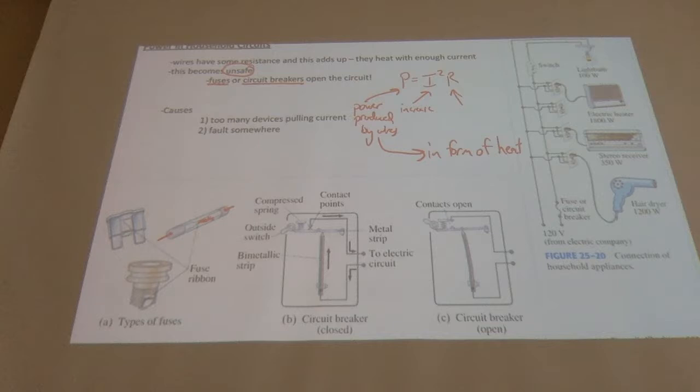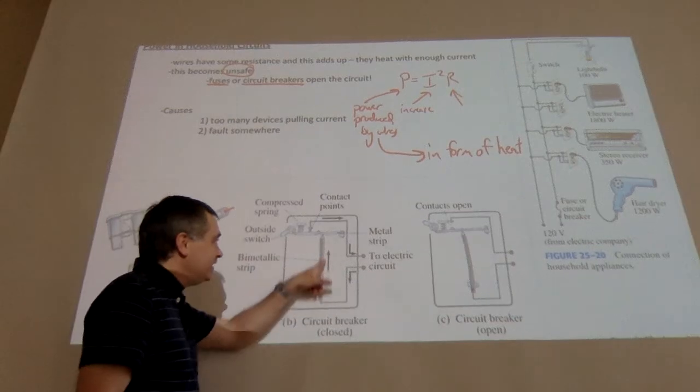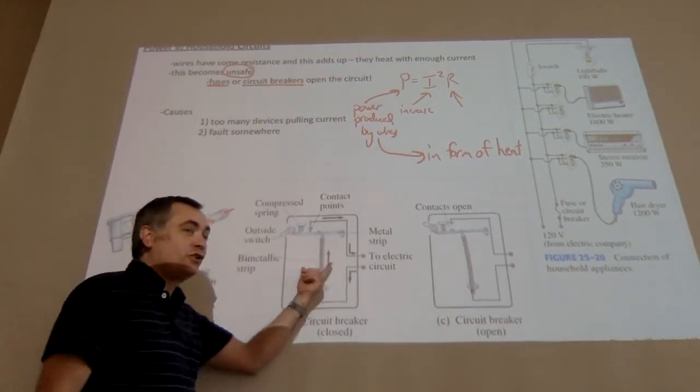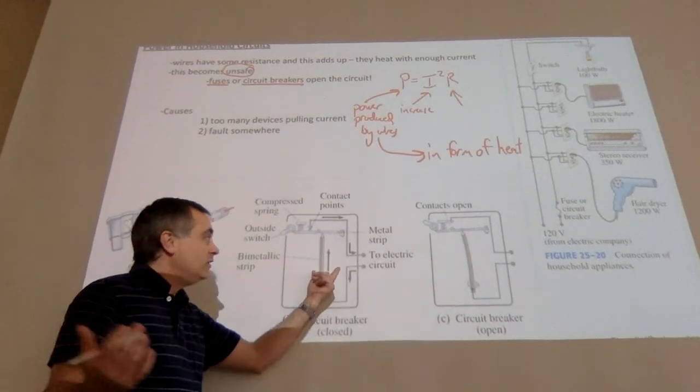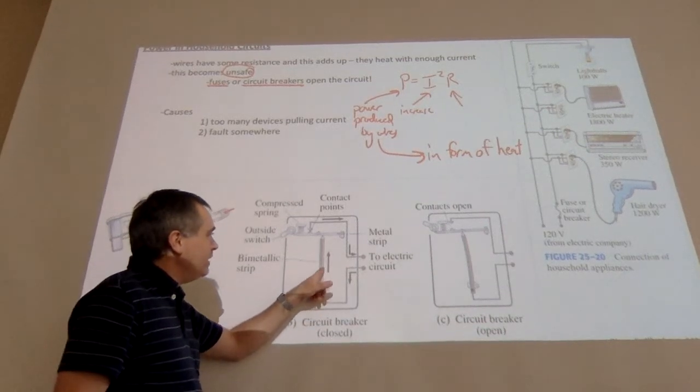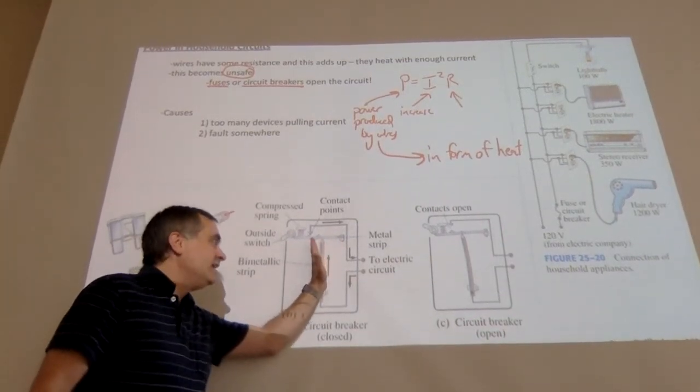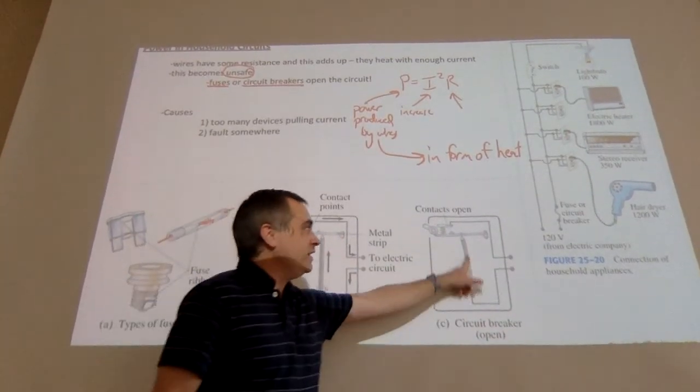So you're doing all this stuff at the exact same time, right? Every one of those devices you turn on is like, I need some current to do my work. They're all like, give me more current, give me more current. So the current that's passing through your walls is getting higher and higher. At some point, that physical device is set in such a way that if the current gets to a certain level, well, this time nothing's going to melt, but a piece of metal in here literally bends a little bit.